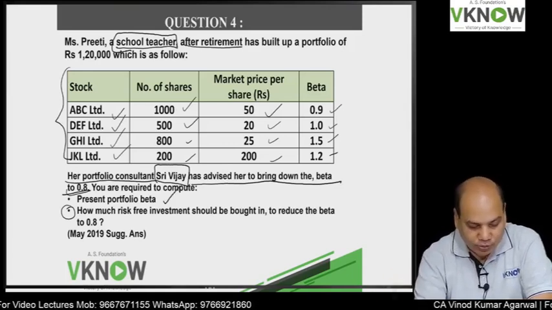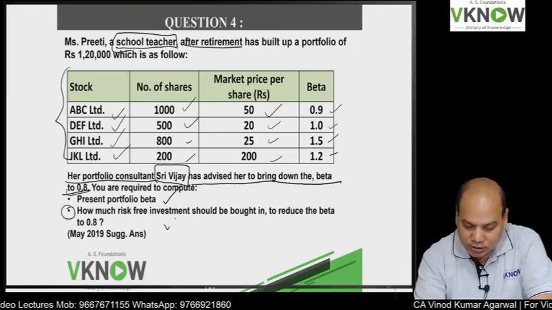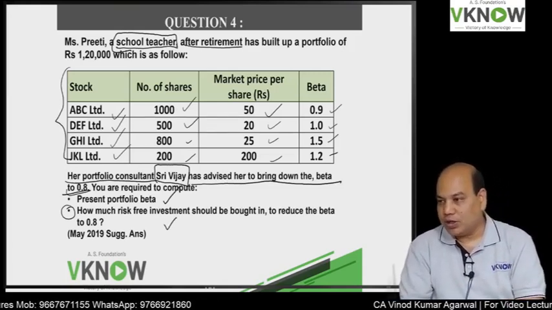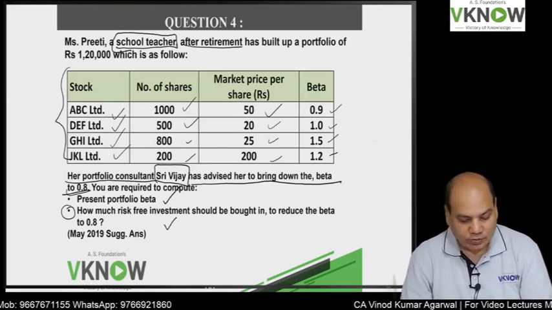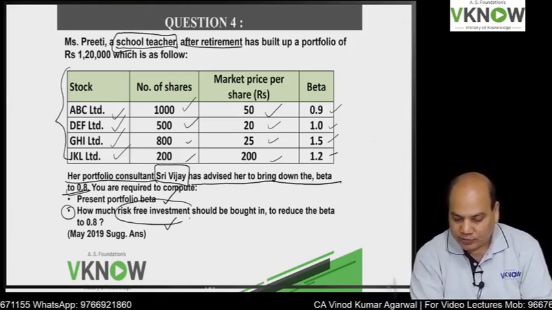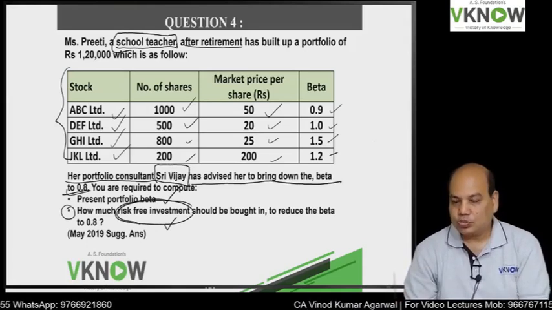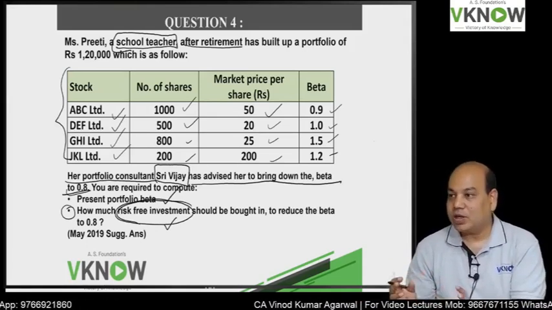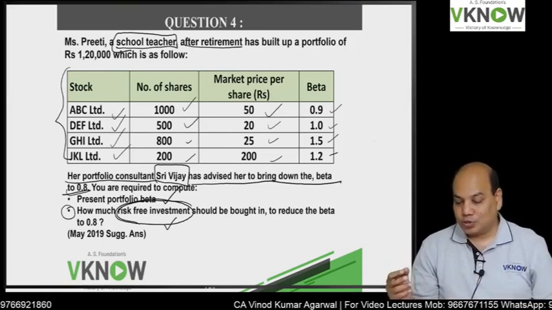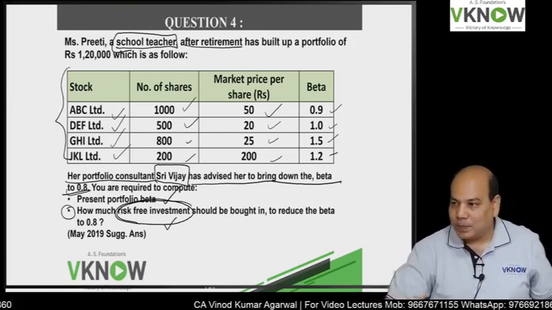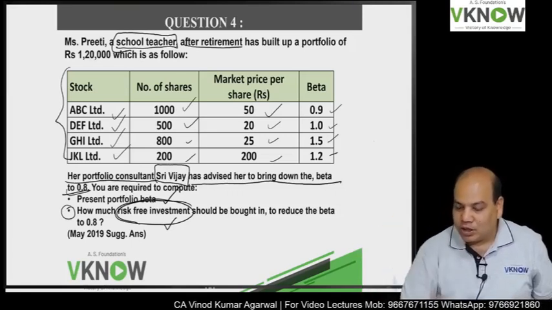You have to compute first the portfolio beta, and second, how much risk-free investment should be brought in. Because if your portfolio beta is high, then you should bring some risk-free investment. Risk-free investment has a beta of 0, so if you add it, your portfolio beta will reduce.